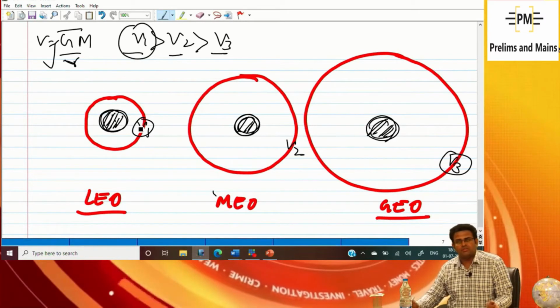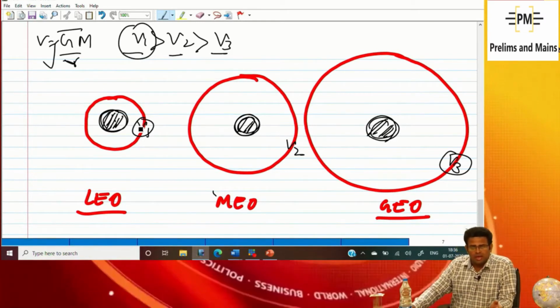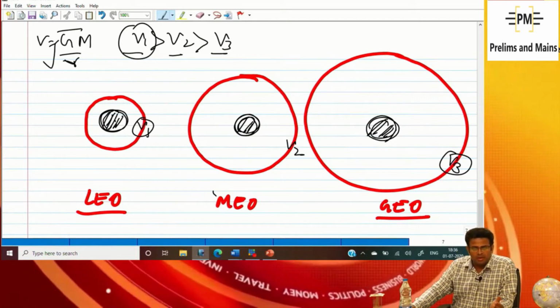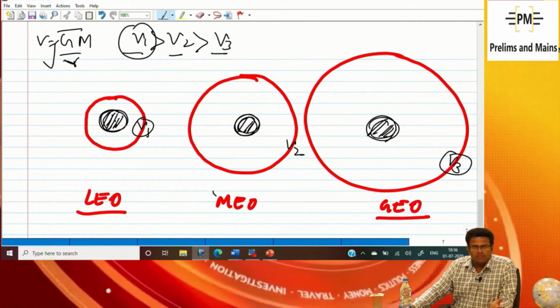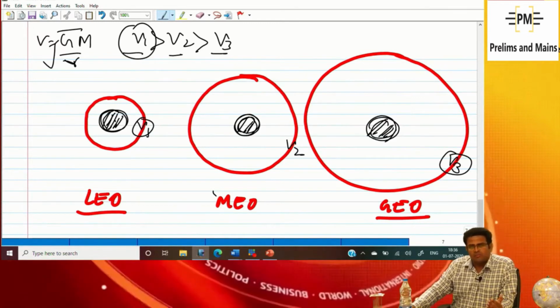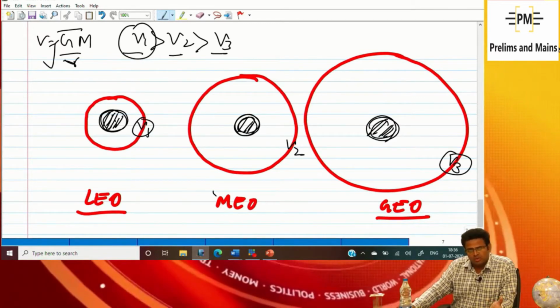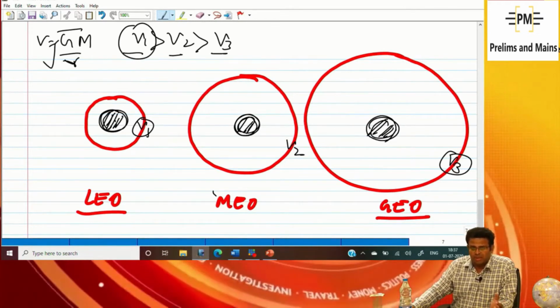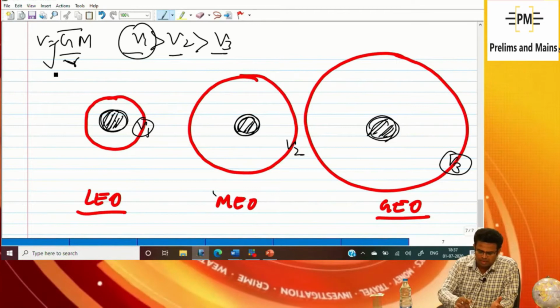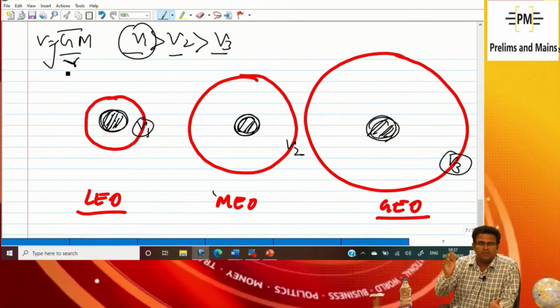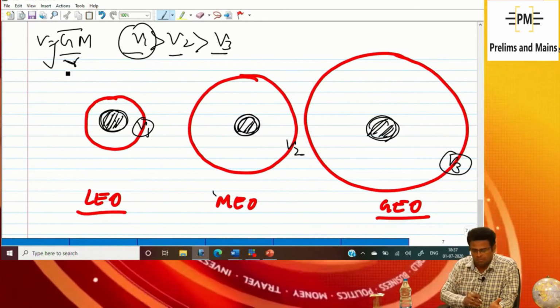The satellite moving in the low Earth orbit. The satellite moving in the medium Earth orbit has speed lesser than the low Earth orbit, and the satellite at GEO is moving with lesser speed, because with respect to increasing distance it should have this speed, otherwise it will not sustain in that orbit.